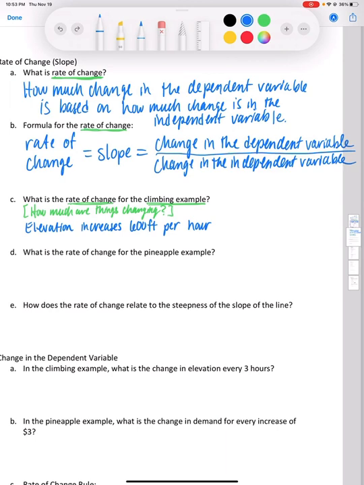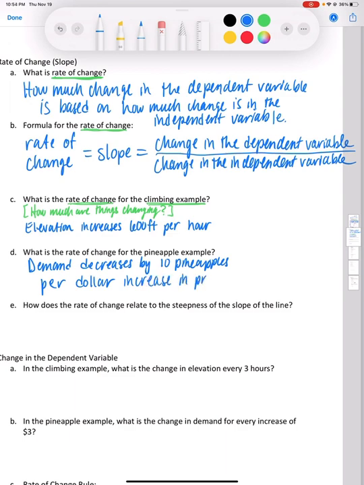Demand decreases by 10 pineapples for every dollar increase in price.